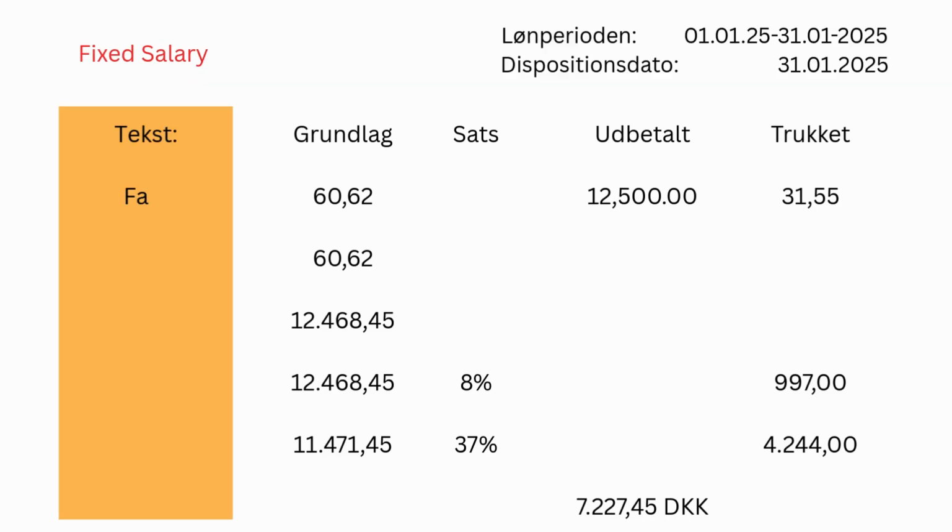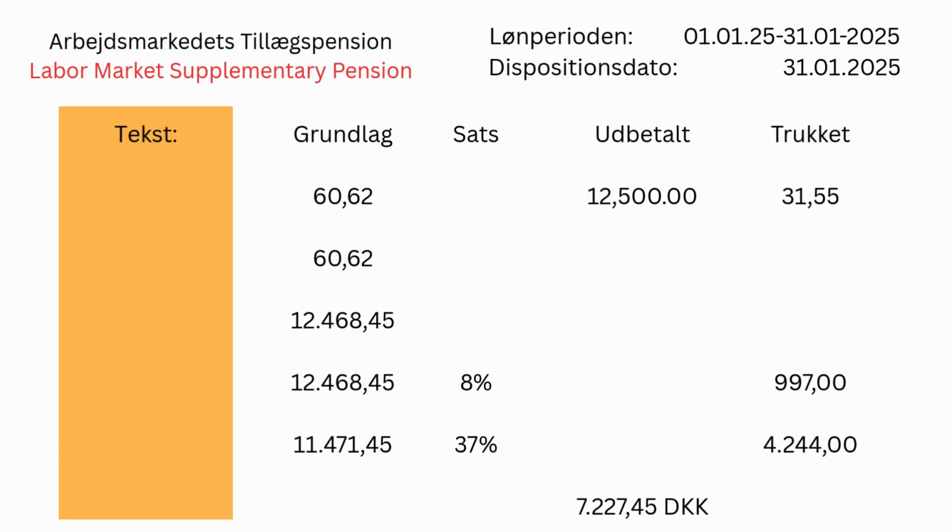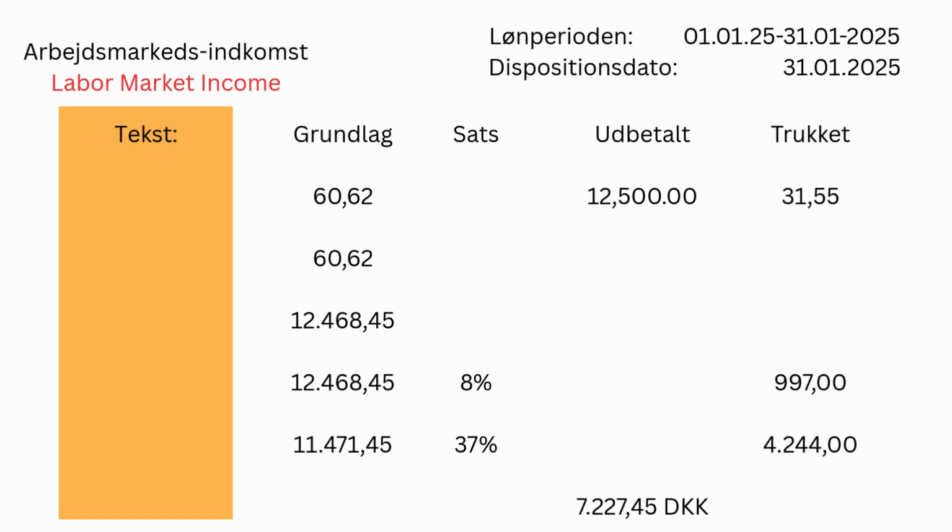Let's read the details or text of the payslip. It says here, Fast løn. Next is the ATP, Arbejdsmarkedets tillægspension. The next is the AM income, or the labor market income.